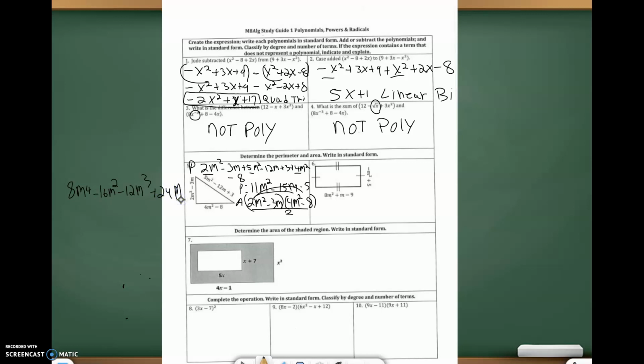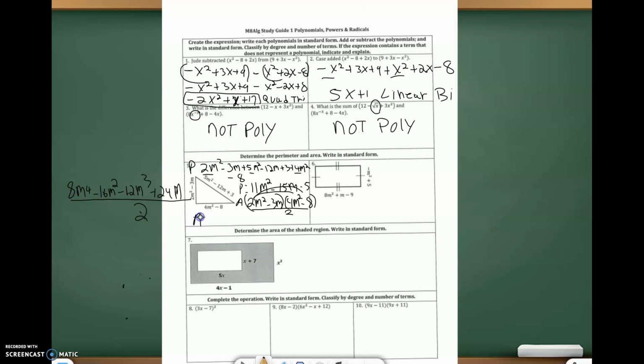And then the last term will be plus 24m. And if you'll notice, I don't have anything that is the same, so I am going to take 2 and I'm going to divide it by each of these. So basically 2 divided by 8, 16, 12, 24.